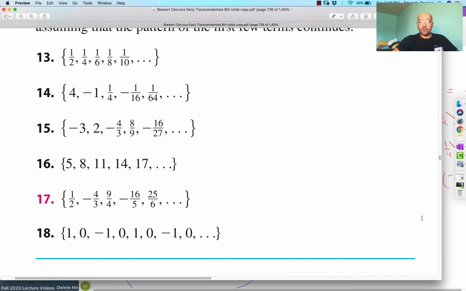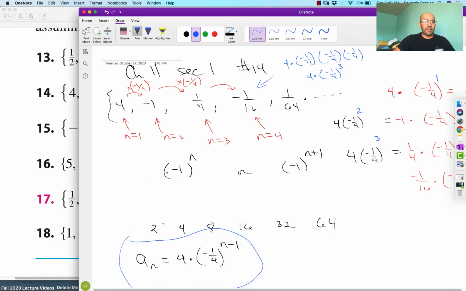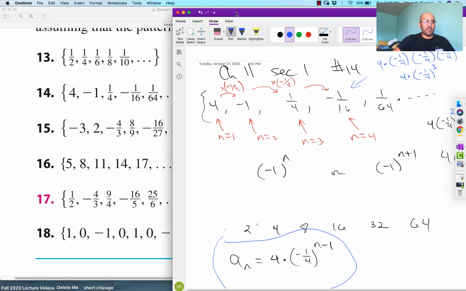So number 14 was a case where I was always multiplying by the same amount, whereas 16 is a case where I'm always adding the same amount. And 18 is going to be a similar situation: 1, 0, negative 1, 0, 1, 0, negative 1, 0. Okay, so looking at number 16.